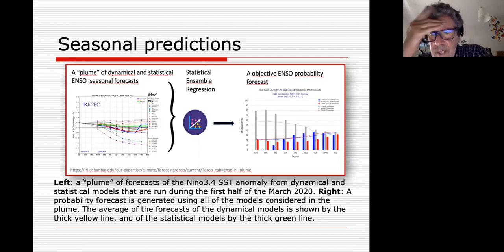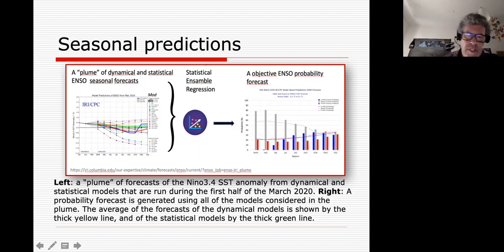And the probability of the different events is plotted here in color. Gray means no El Niño, no La Niña, so neutral conditions. Red is El Niño, blue La Niña.